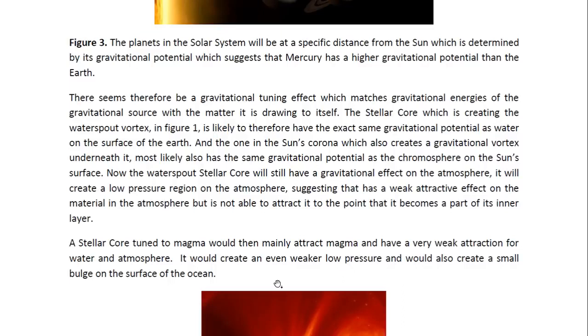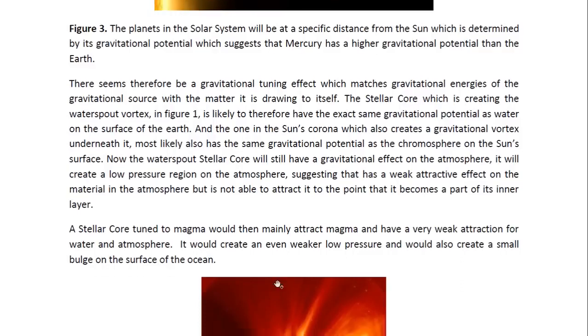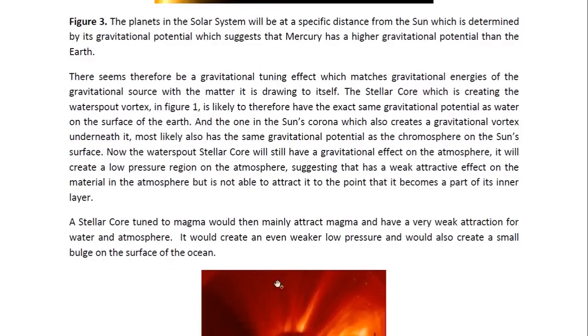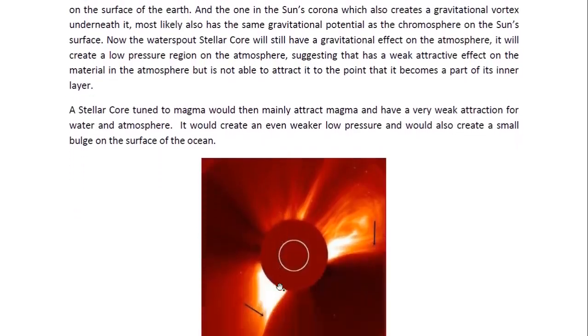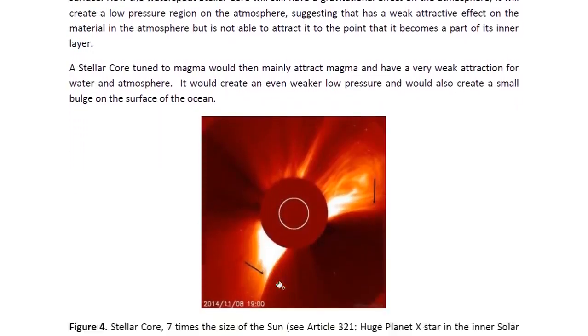A stellar core tuned to magma would then mainly attract magma and have a very weak attraction for water and atmosphere. It would create an even weaker low pressure and would also create a small bulge on the surface of the ocean, but it would never draw it in a gravitational vortex like the water spout stellar core does.